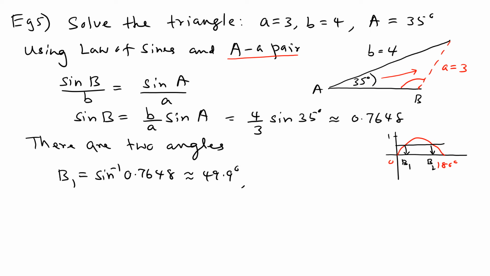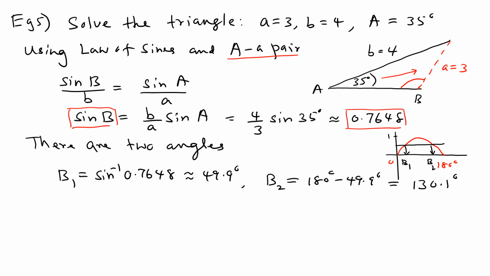So B2 equals 180 minus 49.9, which is going to be 130.1 degrees. Those are the two possible values for B. Why did this happen? Because when a sine value equals some value between 0 and 1, there are two angles coming from the sine.